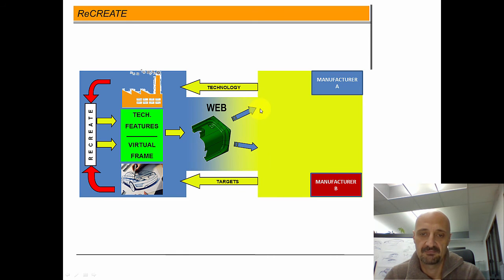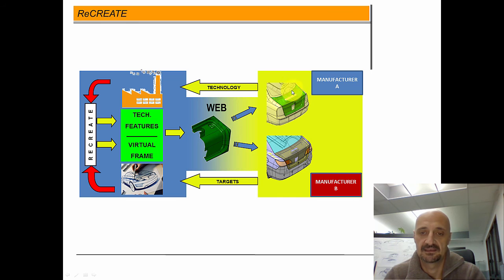And it can be customized later, in a private way, by manufacturer A and manufacturer B. This operation is a real-time operation. What normally needs, let me say, 1 year or several months, can be done just in time in 1 day, no more than 1 day.